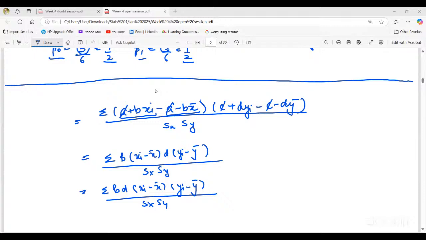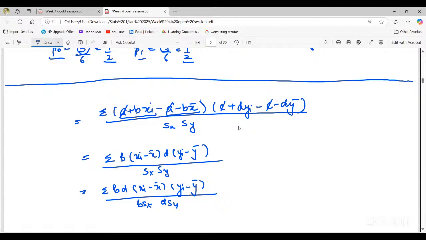We have to calculate the sample correlation coefficient. Here the standard deviation of x was b sx, this was the standard deviation, right? Not this one, and d sy, correct?